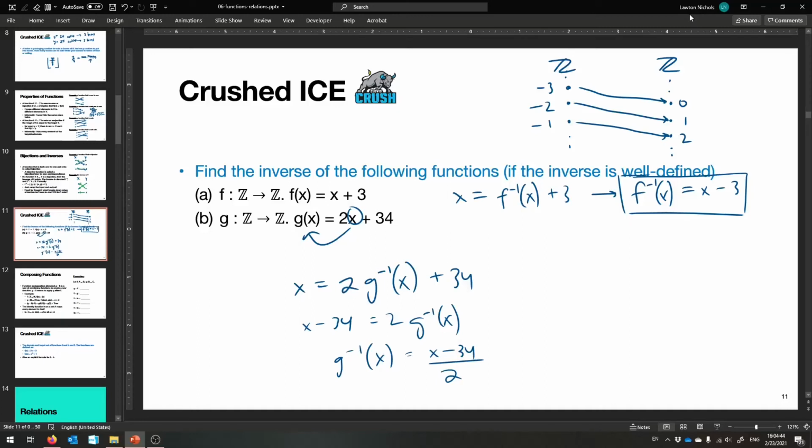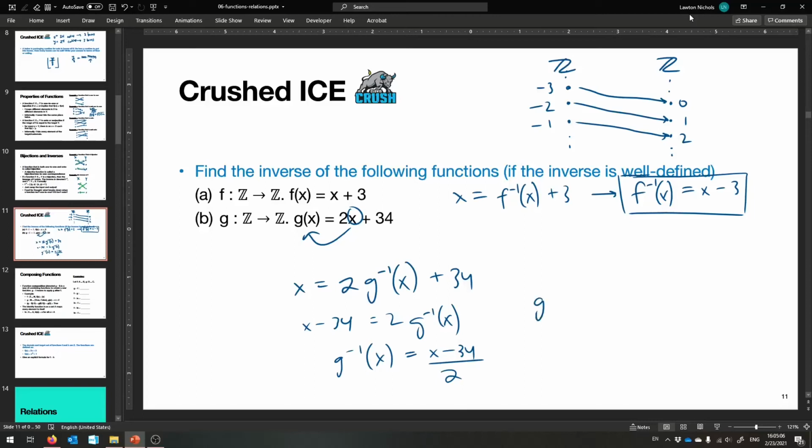Is this well defined? Is this even possible? I'm not sure about that. Because this would be the inverse if it existed. But I think I can give you an x for which it's impossible, right? Let's take 35.